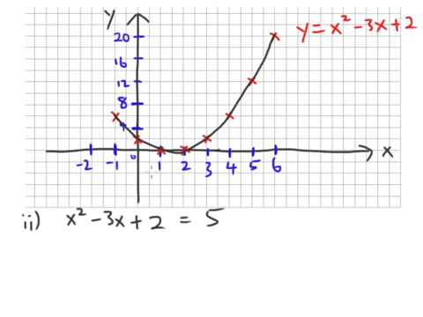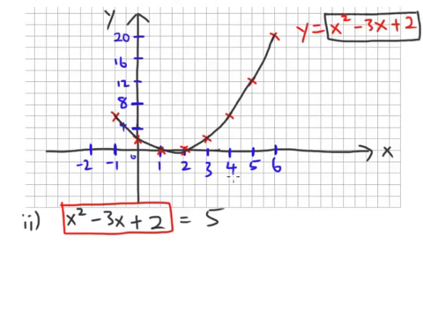So once again, you could identify x squared minus 3x plus 2 here in the equation. These two are the same and equal to 5. It means y equals 5. So the line that we are going to draw would be y equals 5. By drawing this line, you will get the solution.